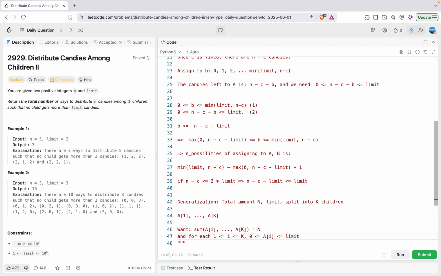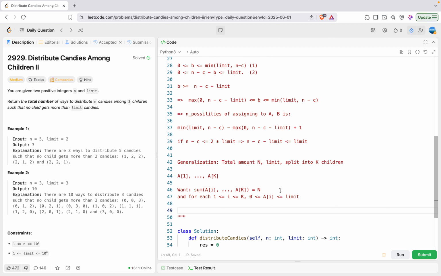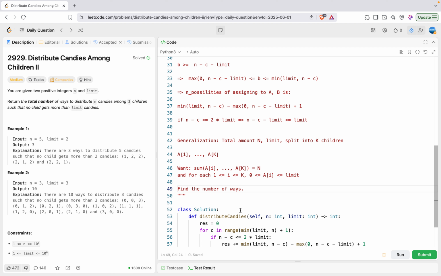We want to find the number of ways. This can actually be solved using mathematical combinatorics, but that is not our focus here.